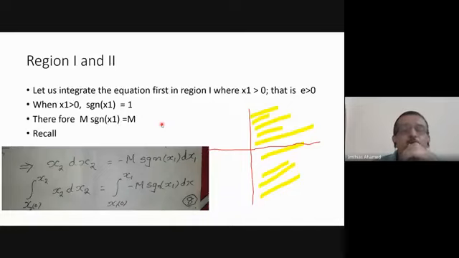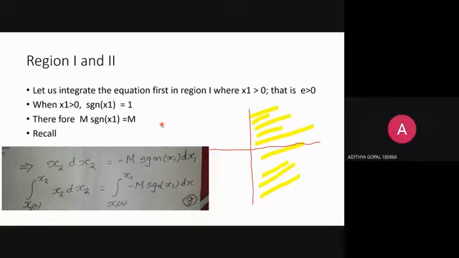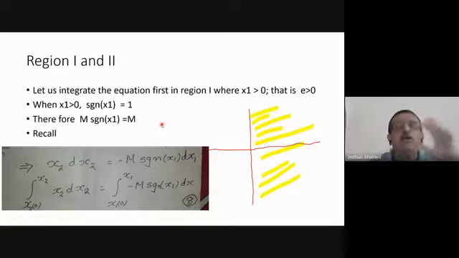Equation 8 will become: integral of x2 dx2 equal to integral of minus m dx1. Good. Minus m dx1. There's a typo here, minus m.